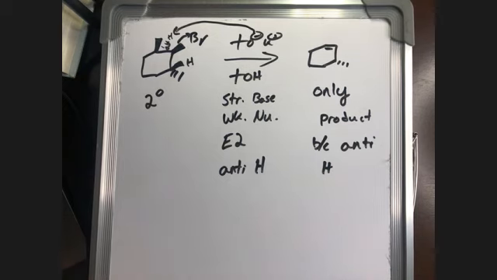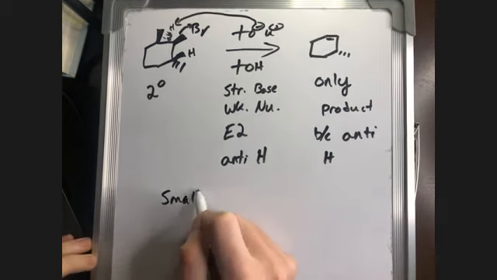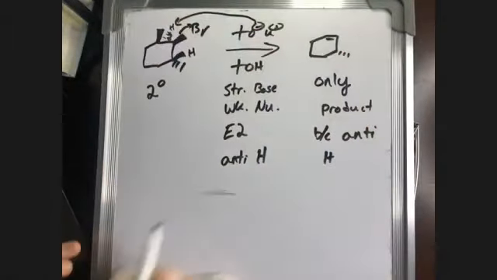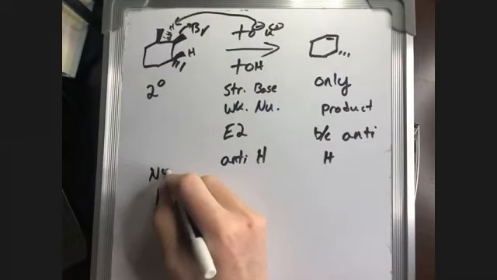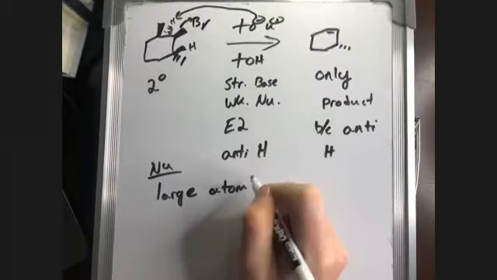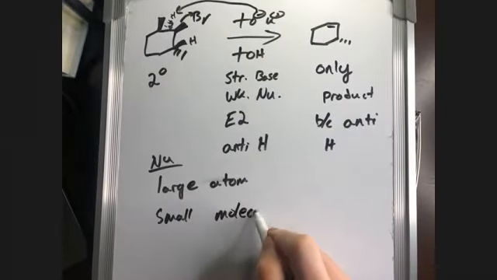I have a question. Yeah. So I know how you figure out if it's a strong or weak base, but how can you tell if it's a strong or weak nucleophile? It depends on the size of the nucleophile, right? So if it's a small atom, that would be a base. So my mistake. But a nucleophile, remember, is large atoms and small molecules, right?